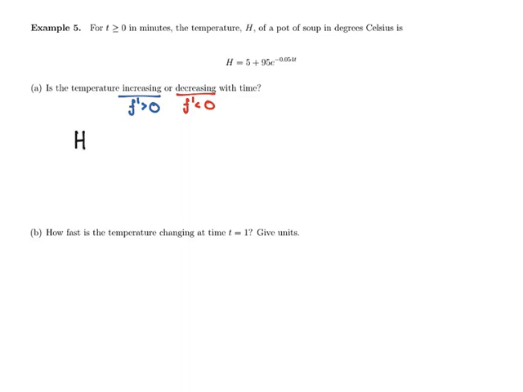That is going to be h prime, or the derivative of h with respect to t. It's the same thing as saying dh dt is going to be the derivative of 5, which is 0, plus we're going to have the 95 out in front.